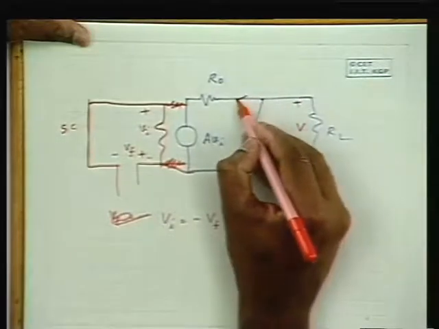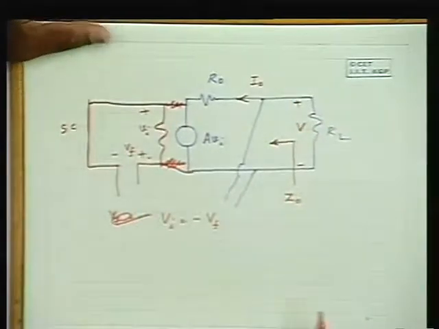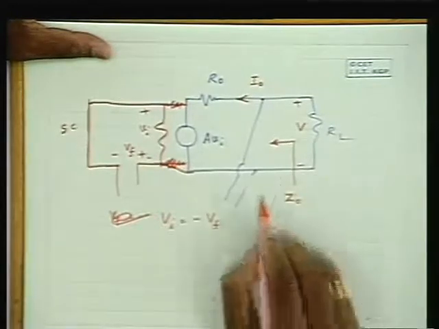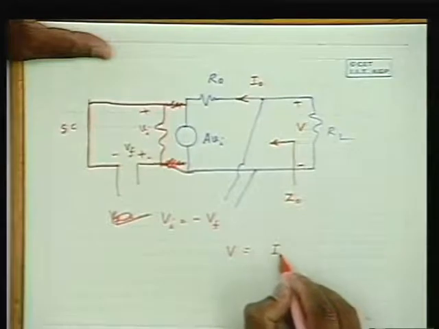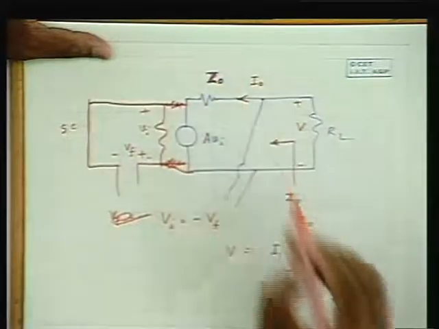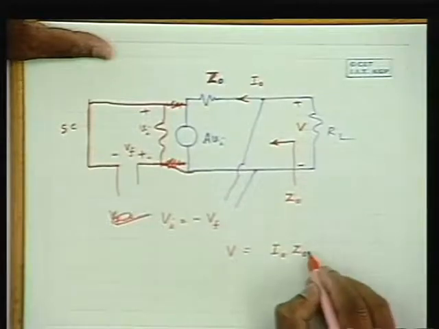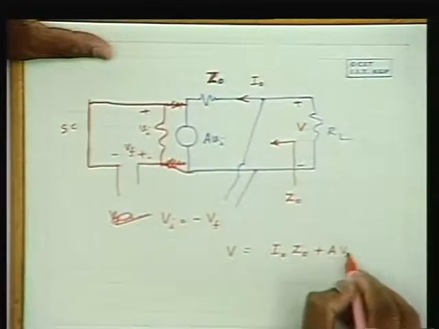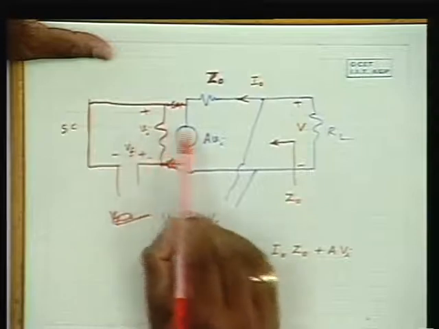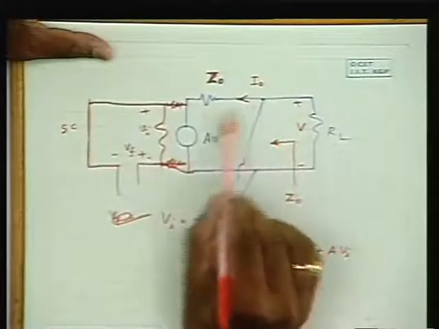So what is the current now that flows into I naught? Naturally, the applied voltage V at the output is equal to I naught into Z naught, if I represent it as a complex quantity, plus A Vi. If the voltage gain of the amplifier is A, then A times Vi is the output voltage, and if I apply Kirchhoff's voltage law here, V is equal to this voltage plus this voltage.